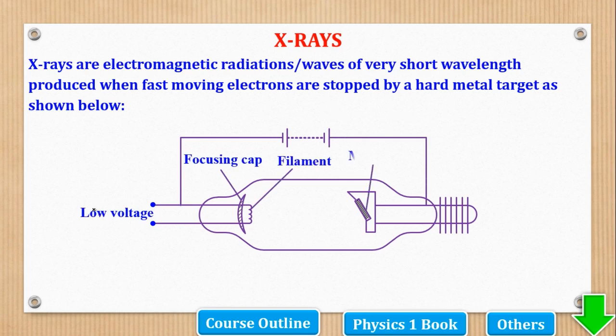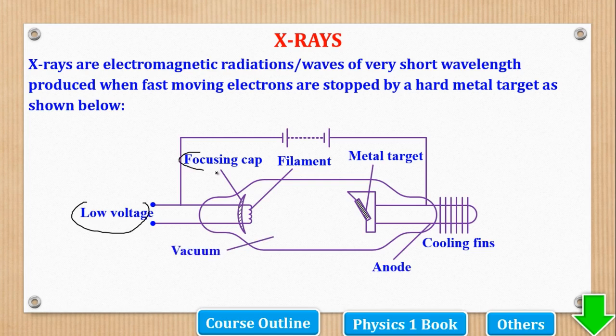You have this low voltage connected to the cathode, then this is the focusing cap to direct the electrons. When this voltage makes the cathode or filament heated, like we saw under photoelectric emission, electrons will be emitted, and the fast moving electrons will be directed by this focusing cap to this metal target.